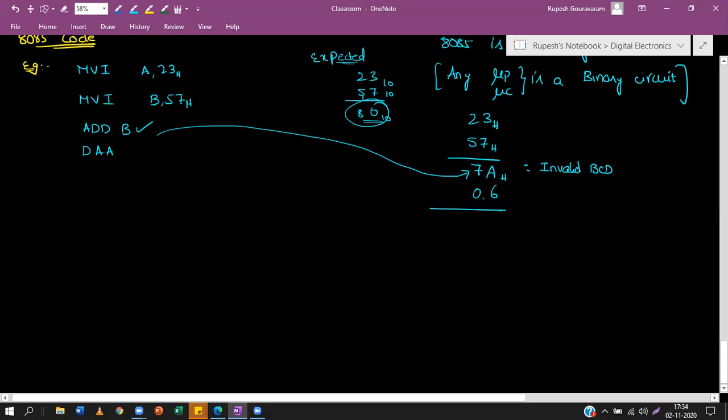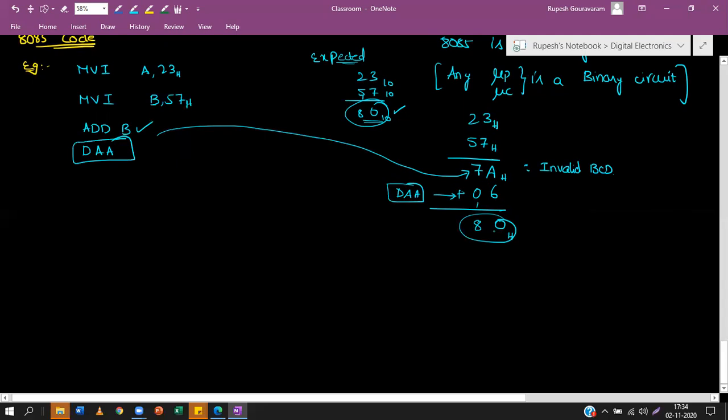This operation of adding 6 is performed by this particular instruction DAA, which stands for Decimal Adjust Accumulator. So DAA in this case adds plus 6 to it, and A plus 6, that is 10 plus 6, is 16. 16 is represented by 1, 0, and 7 plus 1 is 8. So we got the right answer, isn't it? Whatever we get by decimal system, the same thing we are getting using hexadecimal system, 80H.